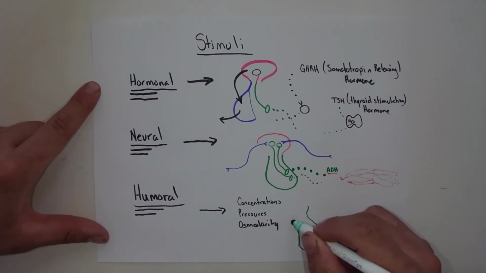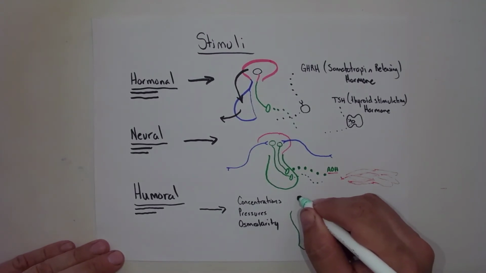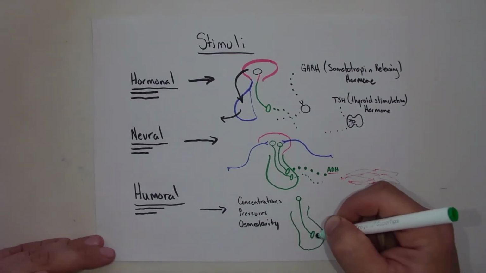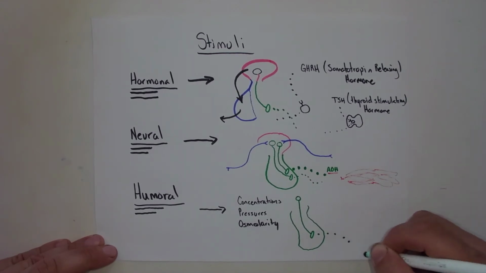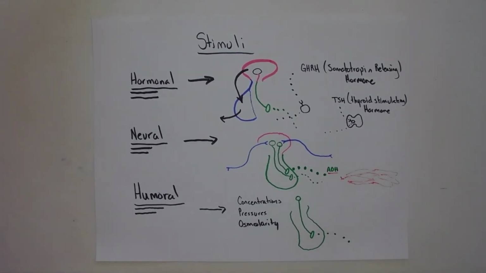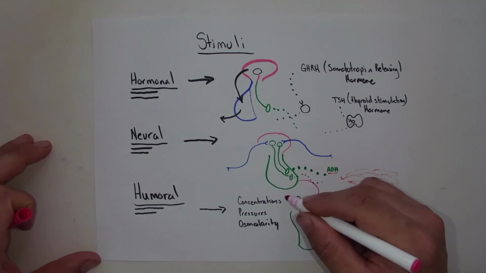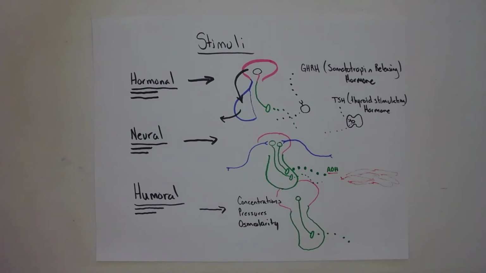Here's my posterior pituitary gland, and I have cells up in the hypothalamus of the supraoptic nuclei that are going to release antidiuretic hormone to go affect the kidney tubules when it's in low concentration and high concentration. But what's going to stimulate that release is actually low blood pressure.